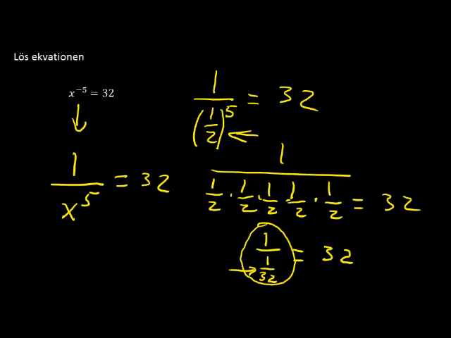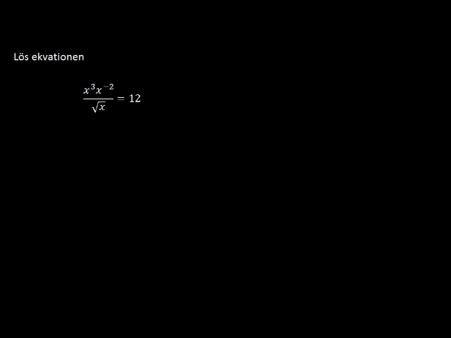So take a look at another one. We have x times x times x, and the other part here, the x squared, this is the x to the power 3.